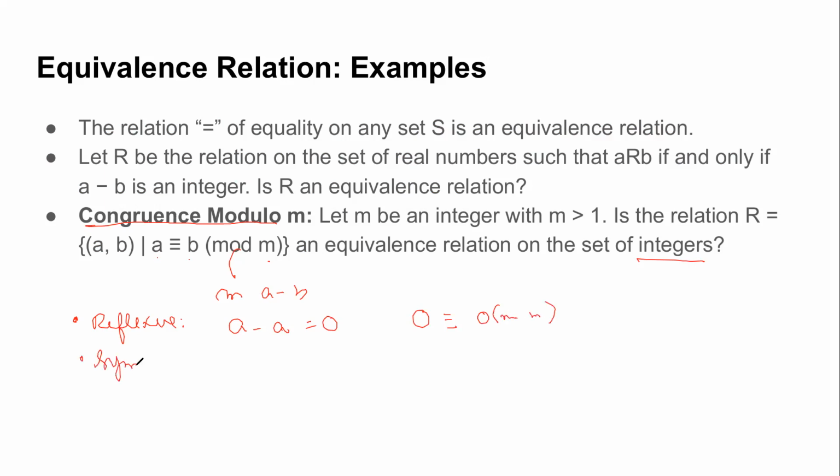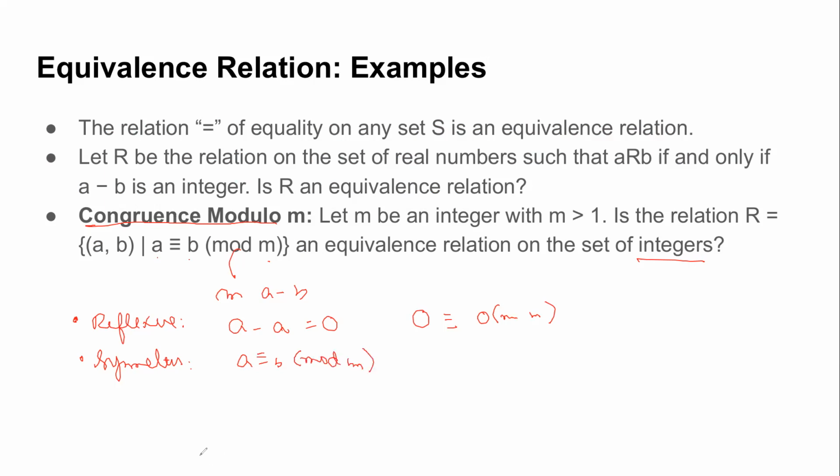Let's see symmetric. So we assume that (a, b) belongs to the relation. So a minus b is perfectly divided by m, or in other words, a is congruent to b mod m is true, right?